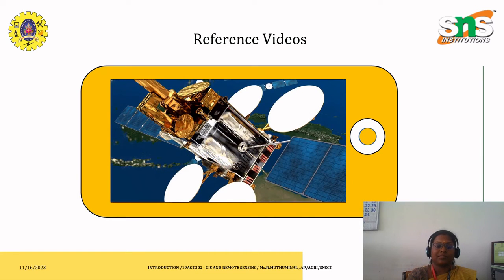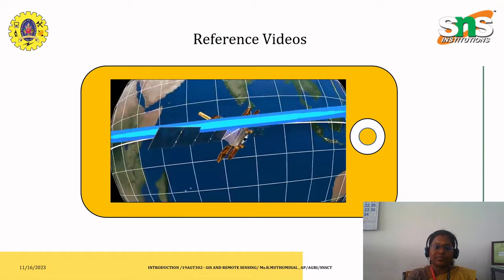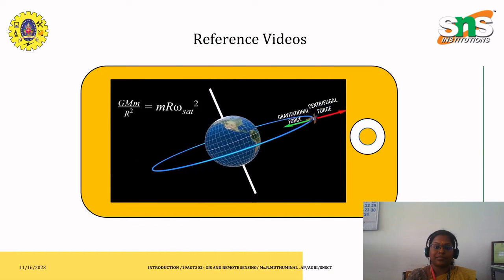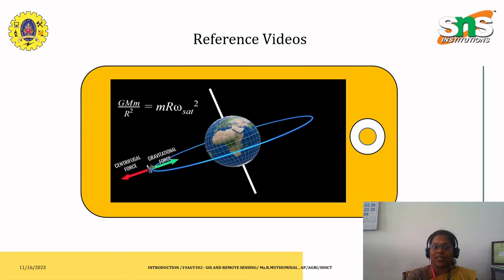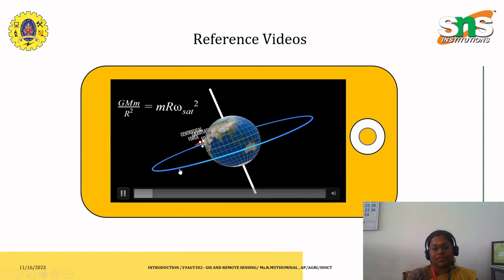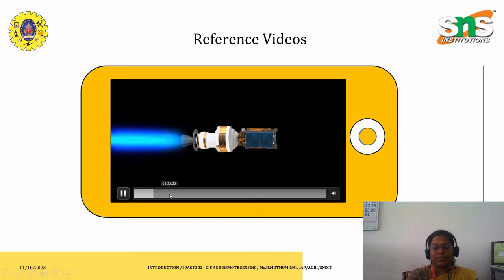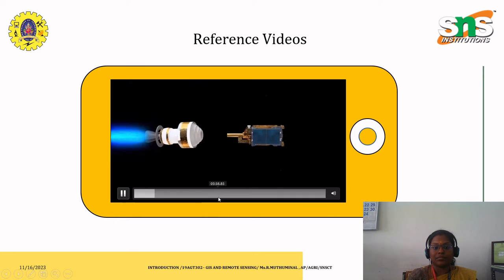It's a well-known fact that a satellite stays in orbit because of the balance between gravitational pull and centrifugal force. The angular velocity of the satellite is decided by the force balance equation that balances the gravitational and centrifugal forces. When the satellite is deployed, it is given sufficient speed to balance these two forces.